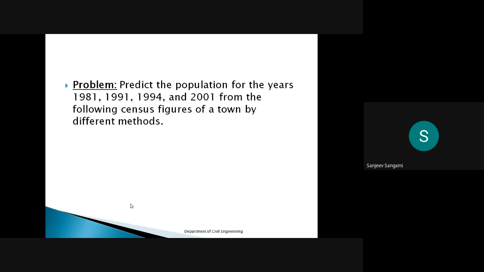In the previous class, we were discussing one problem related to the arithmetic increase method, the geometric increase method, and the incremental increase method. So we'll try to solve different problems based on all these three methods.